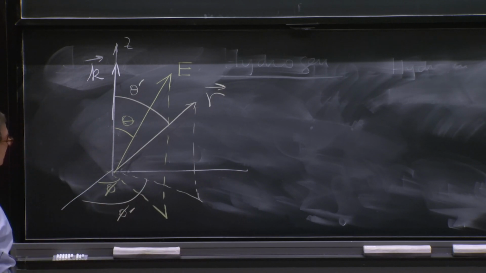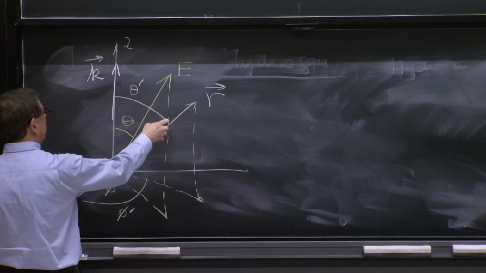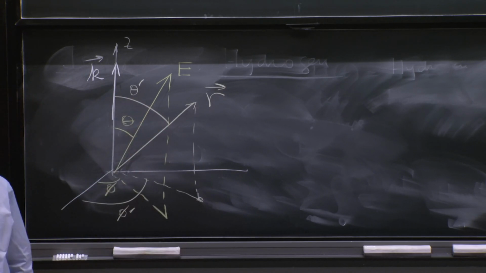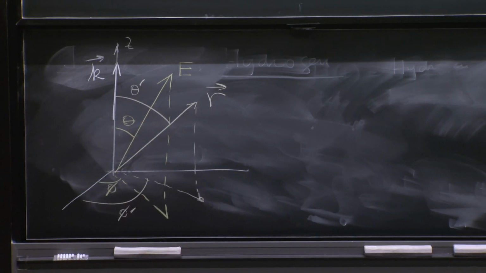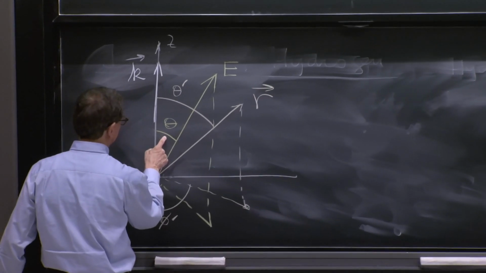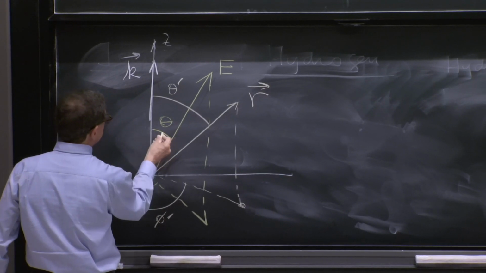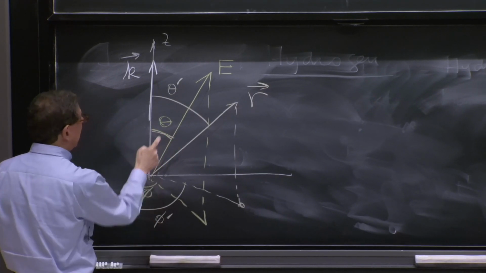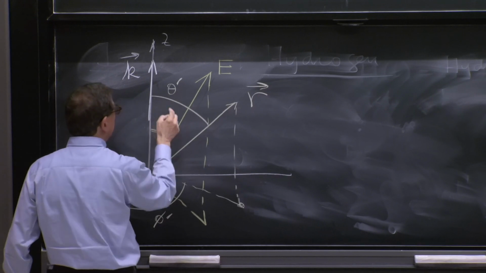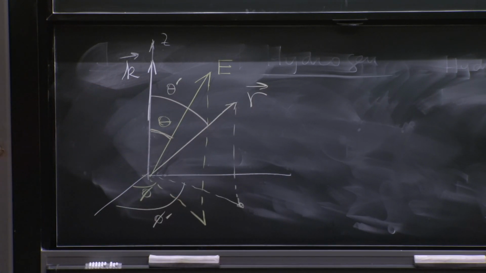So r has a theta prime and a phi prime. We usually ask theta and phi, but the answers at the end of the day are going to depend on theta, so we want the theta to remain. So theta prime and phi prime are going to be our variables of integration, because you integrate over r.